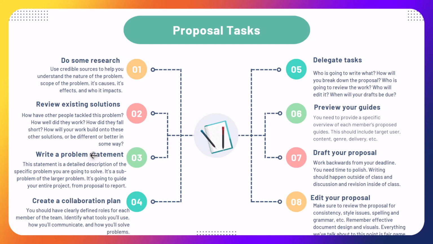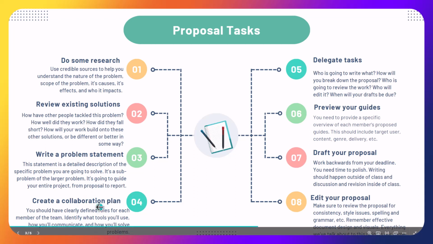So what I would do is do some research. If you need help finding sources, ask me for help. You need to review existing solutions. Again, I'm there to help you. And then I would write a problem statement and then have me review your problem statement before you do anything else. Then, once your problem statement appears to be solid, you want to create a collaboration plan.